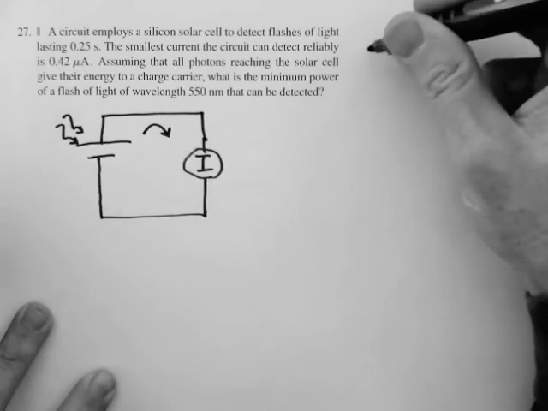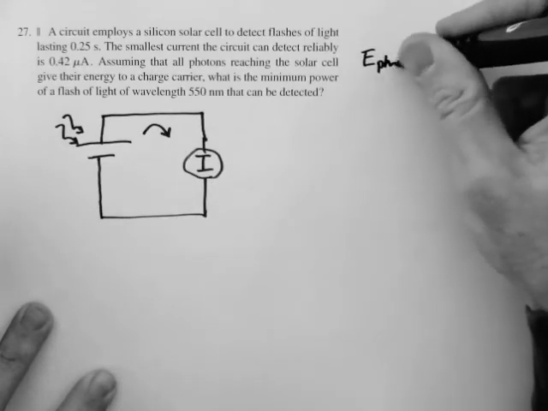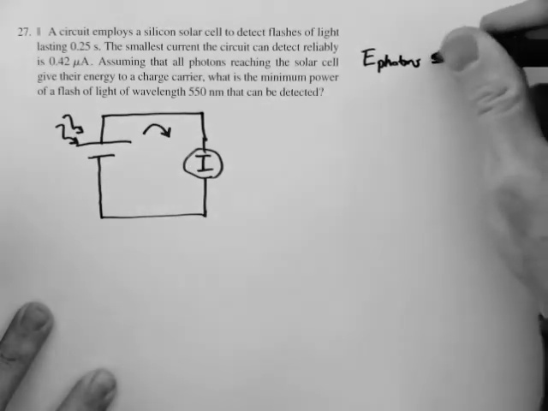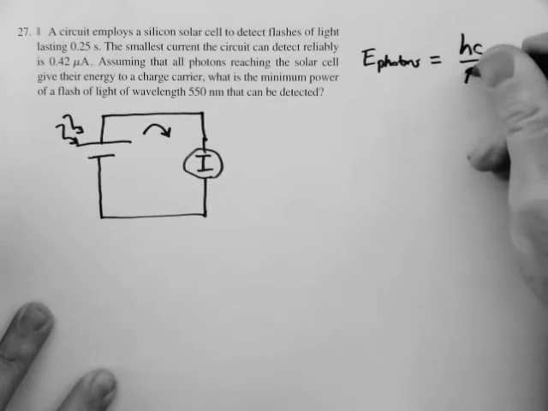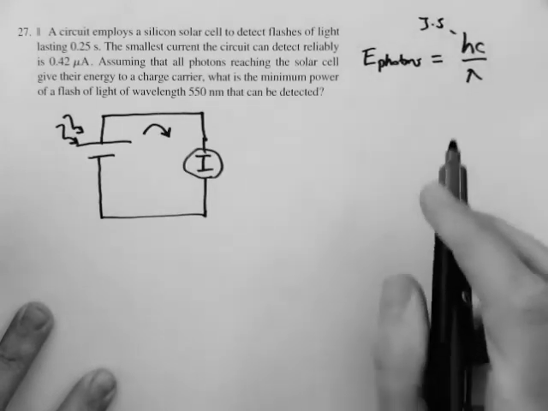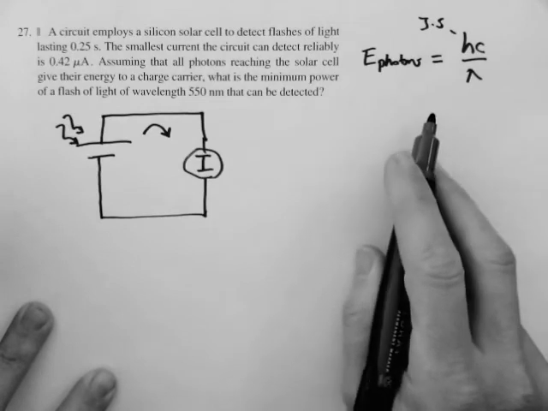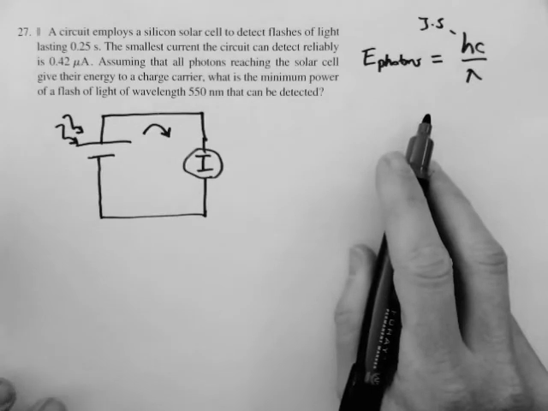Now it's clear a useful piece of information for us is going to be the energy of the photons, okay? And to calculate that, I'm going to use this form, hc over lambda, and I'm going to use Planck's constant in joule seconds, because I'm going to want, ultimately, a power in watts. And so I'm going to have to work in joules and not electron volts.